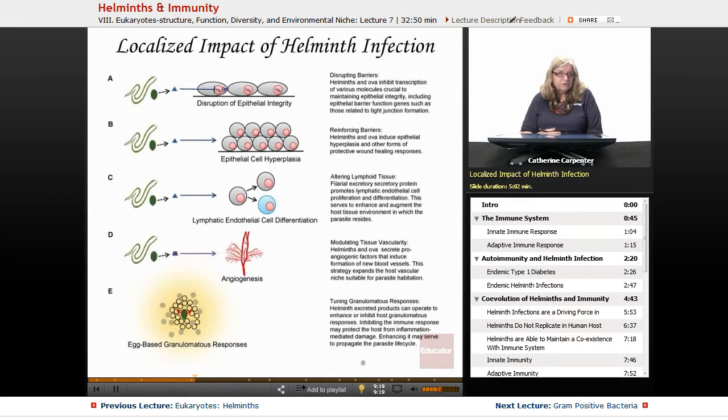So obviously, once the helminth first infects, for instance, the digestive tract, there is a whole disruption of epithelial integrity, and these barriers are disrupted, and the helminths and the ova inhibit transcription of various molecules critical to maintaining this epithelial integrity, because the epithelial barrier serves in general, right, to keep out things like helminths. So somehow there has to be some sort of opening up of these epithelial cells so that the helminth can migrate across.